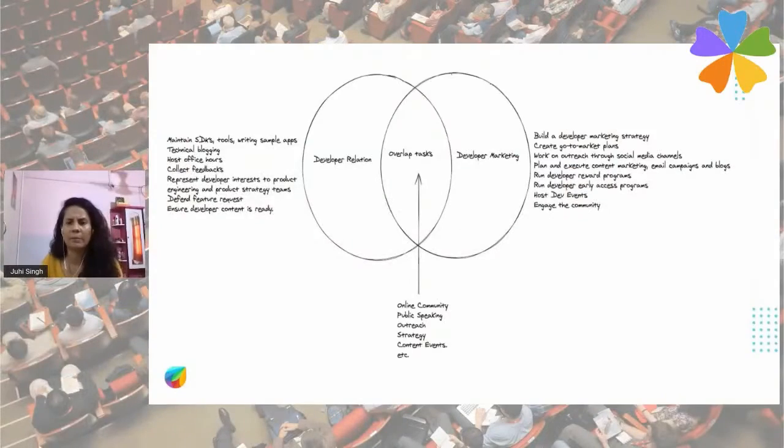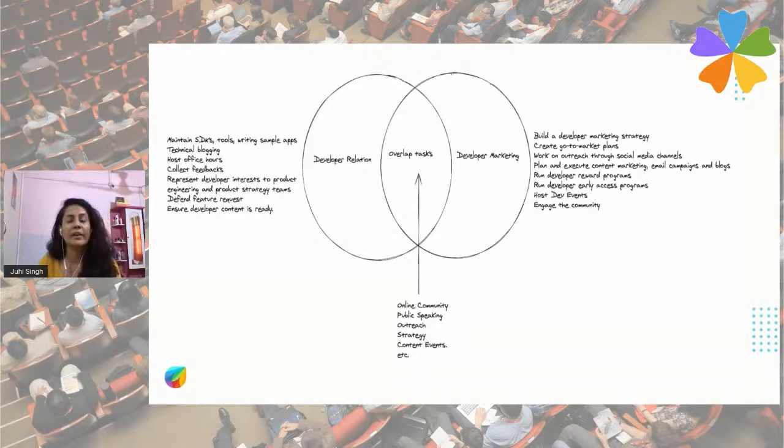But the other side, developer marketing, is more like creating the whole plan about the developer. It's building a developer marketing strategy, how we are going to approach the developers, how we're going to engage them, and how you're going to serve your developers. It includes creating go-to-market plans, working on outreach through social media channels, planning and executing content marketing, email campaigns, and blogs, which are the main part of developer marketing.